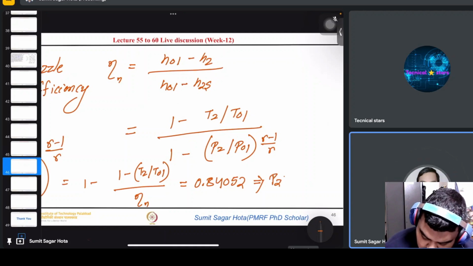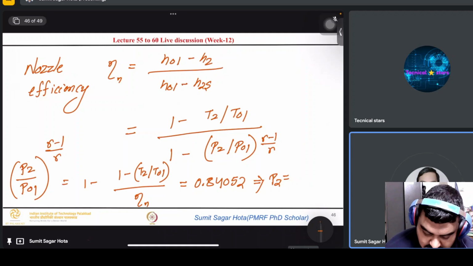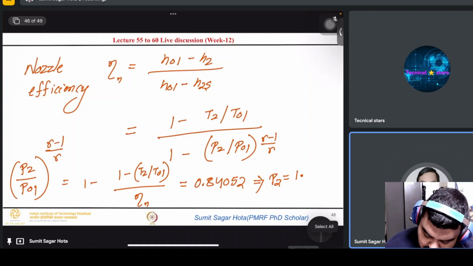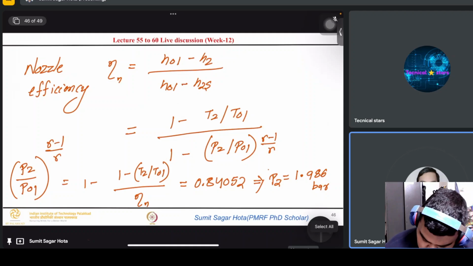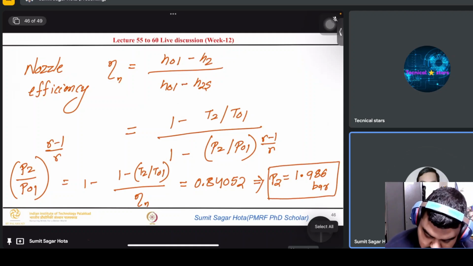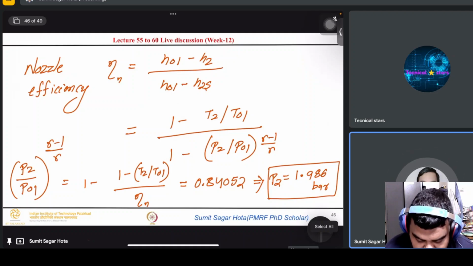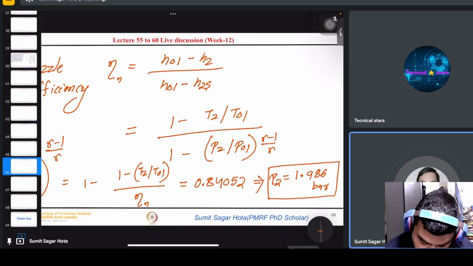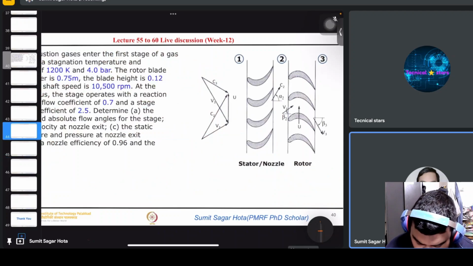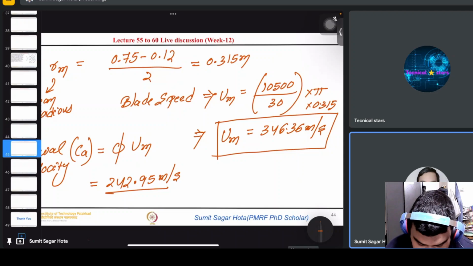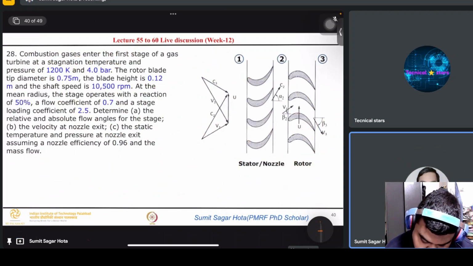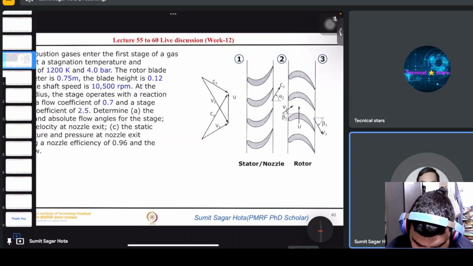If you solve, P2 comes out to be 1.986 bar. Because the unit of P01 is given in bar, we directly get the unit as bar. P01 is given as 4 bar, which represents the stagnation condition.